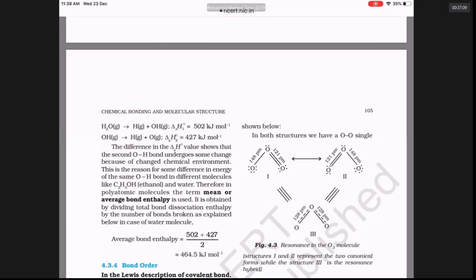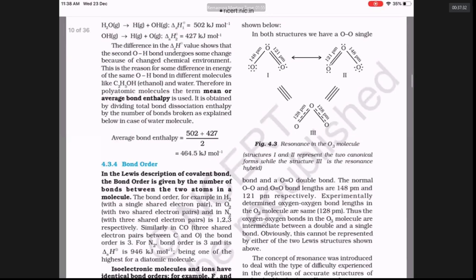So, in ozone, the central atom is making 3 bonds and it is bonded to 2 oxygen atoms. So, bond order in ozone is 3 by 2. Bond order is equal to total number of bonds made by the central atom divided by the number of atoms to which it is bonded. 3 by 2, 1.5. So, the more the bond order, the stronger the bond.